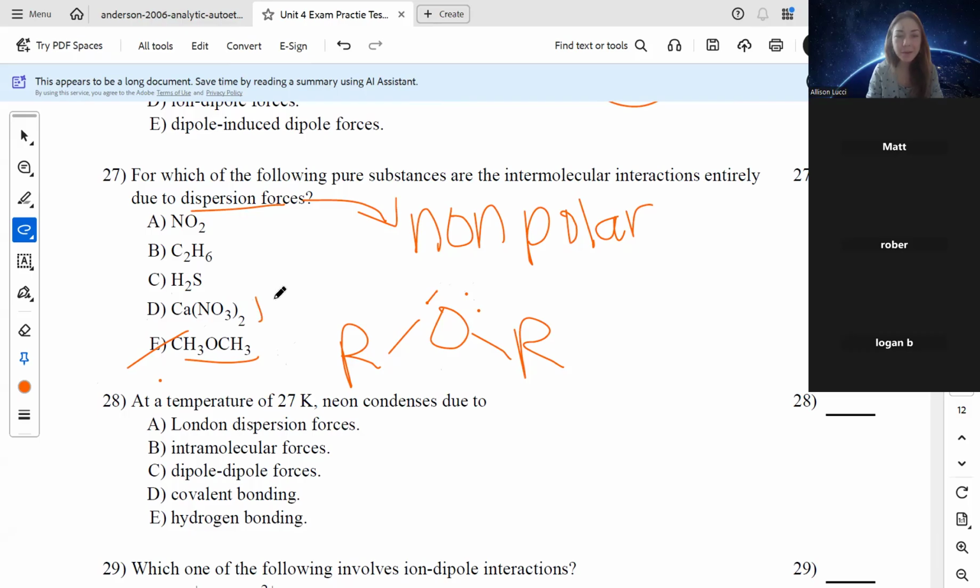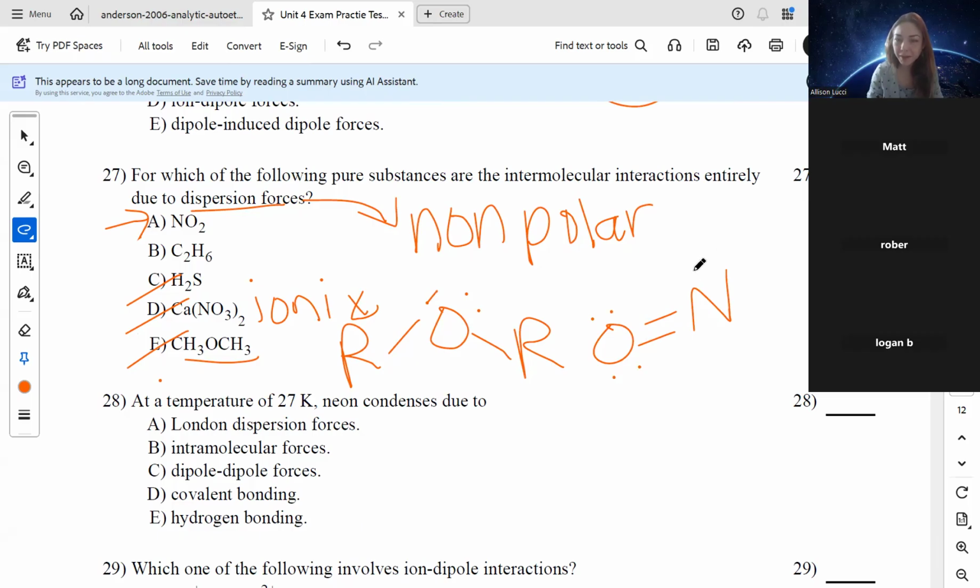D is an ionic compound. So anything that's ionic, we're going to cancel that out. We just looked at hydrogen sulfide a short while ago, so we know that that's going to be polar. And then A, if we were considering A, this would end up being like a radical with a resonance structure that results in a radical.